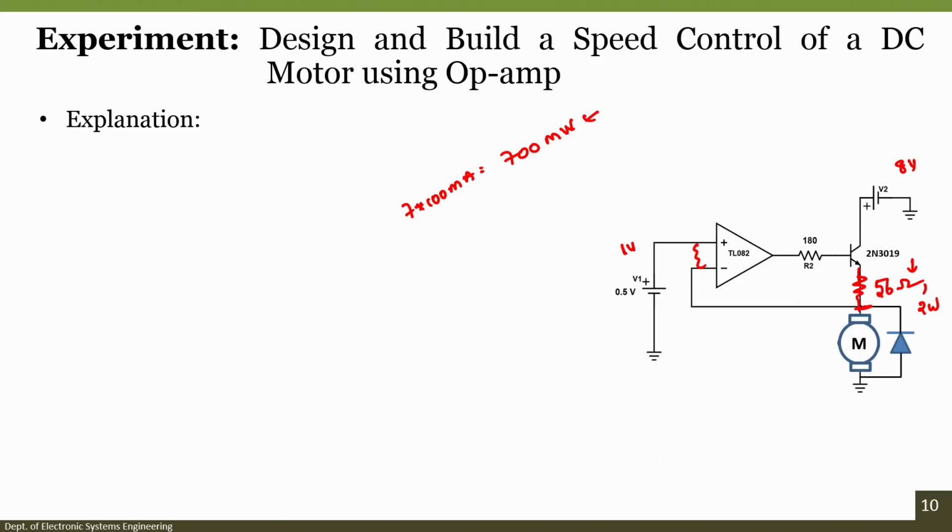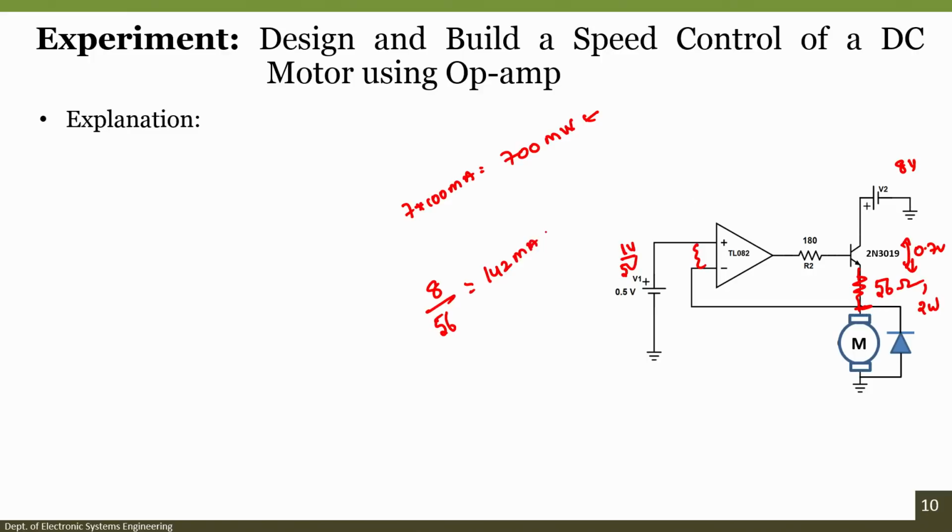So, if we are applying 8 volts, the maximum voltage that we are using is 5 volts and the minimum say 0 volts. So, a total of 8 volts is dropped across this, and the transistor requires a minimum of 0.7 volts to switch on. So, 8 divided by 56, the value will be somewhere around 142 milliamps.